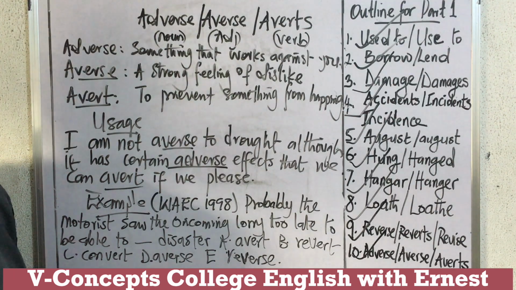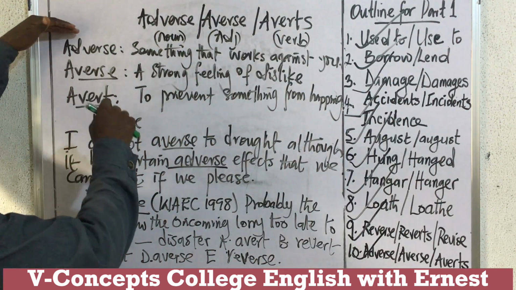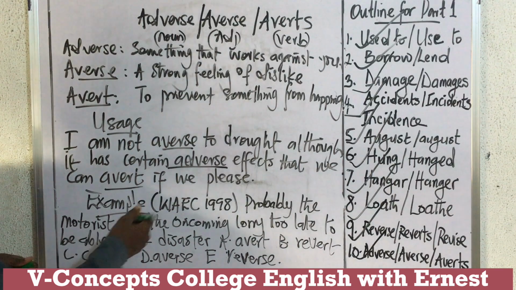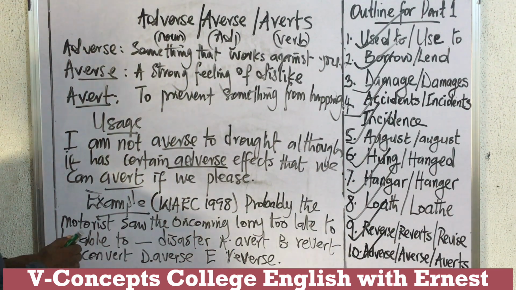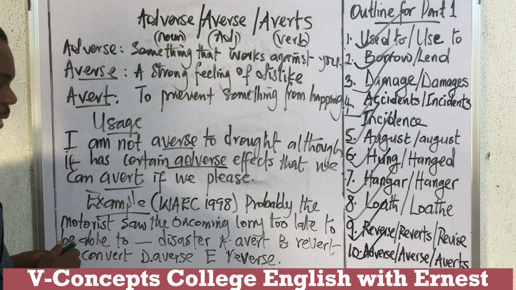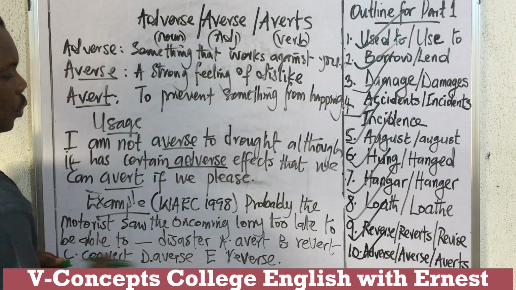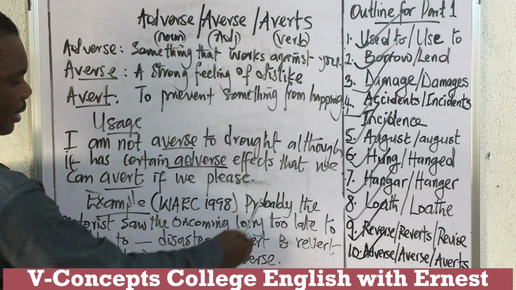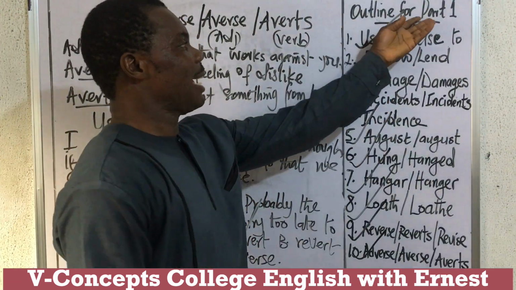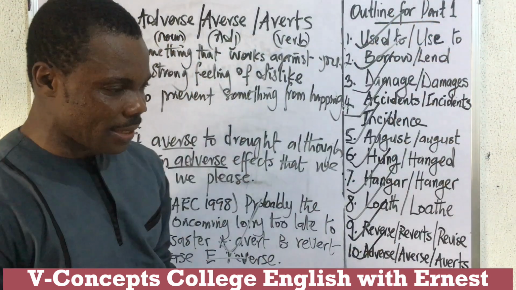E. Reverse. If you look at the meaning of averse, adverse, and avert, this is an oncoming lorry. The motorist, probably the driver, didn't see the lorry on time to be able to avert disaster. What do you do to disaster? You avert disaster. So that is the end of the first part of this series.